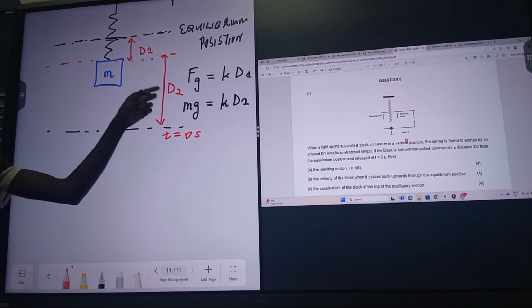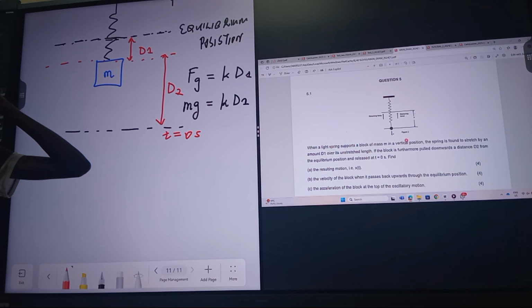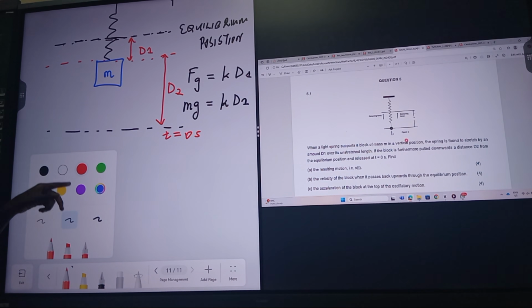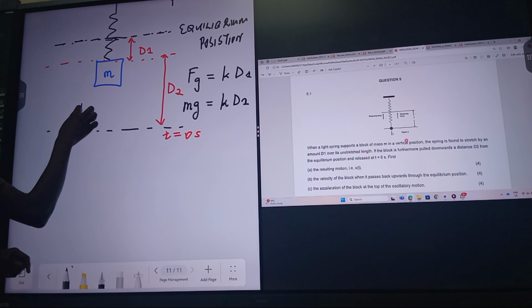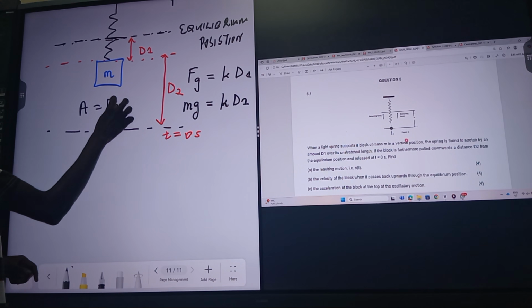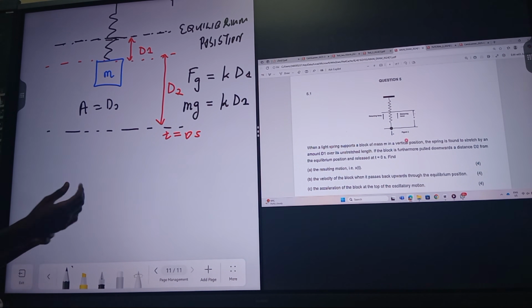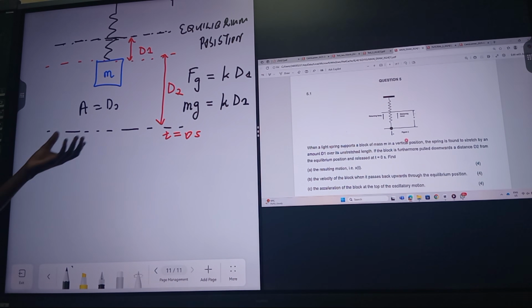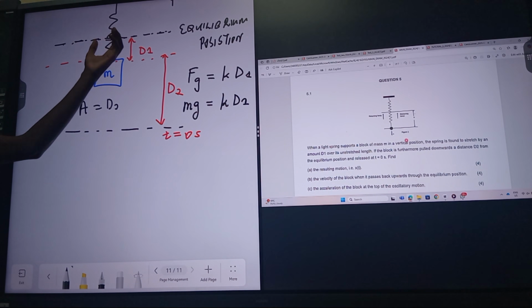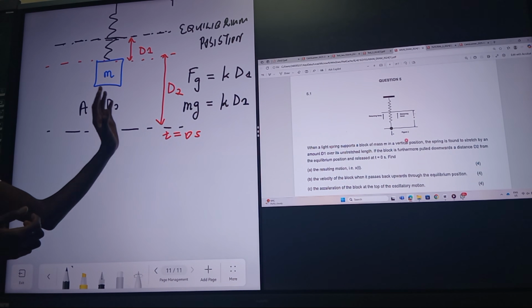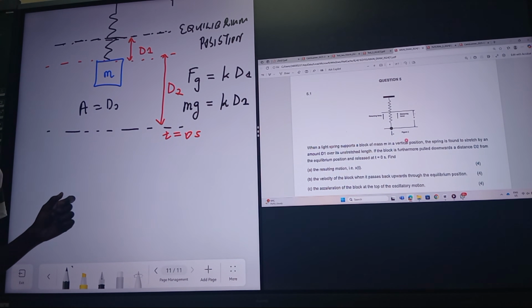In physics, this d2, what type of distance is this known as? This displacement? The amplitude. Yes, the amplitude here is equal to d2, because it is the maximum distance. That's the biggest possible stretch we have made before releasing it. Otherwise it would go down and down again, but because we only stretched to d2, that's the maximum.